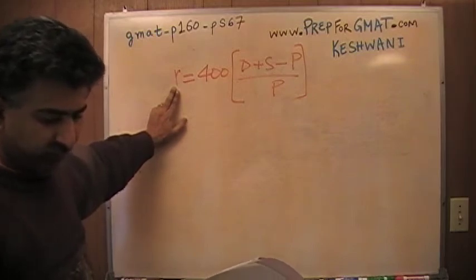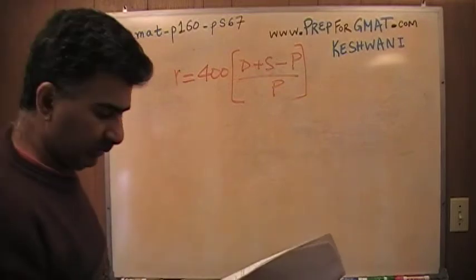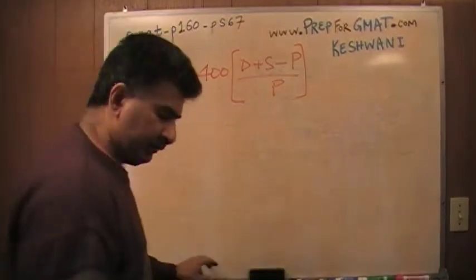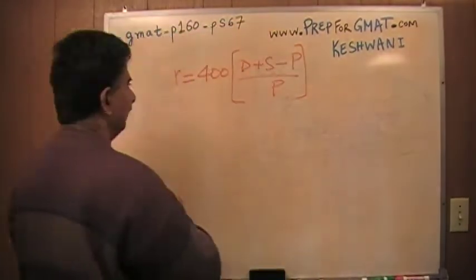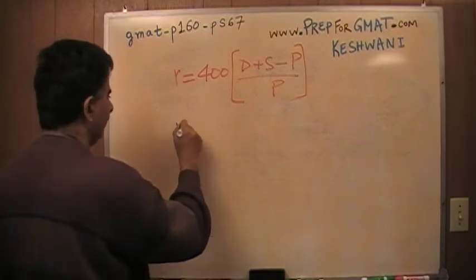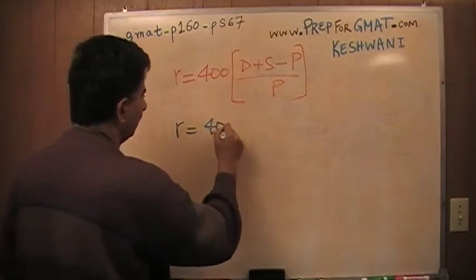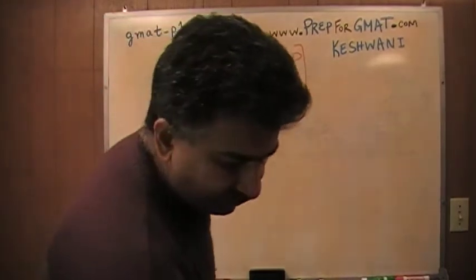Rosa purchased $400 worth of stock and received a dividend of $5, and she sold it at $420. The question is, what's her return? Let's find out. This is the formula. That's all I have to do. I just have to use the formula. Don't do anything else to it. The formula is given to us. Just take the values. So she purchased it for how much?